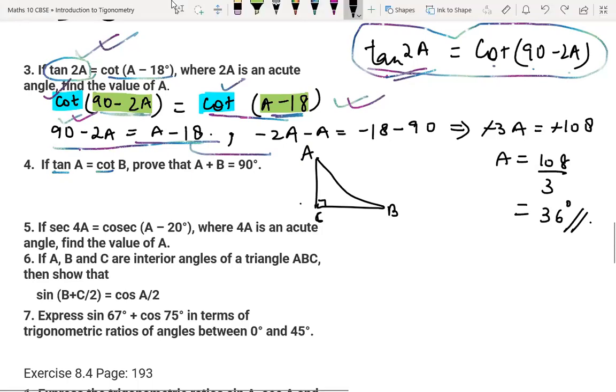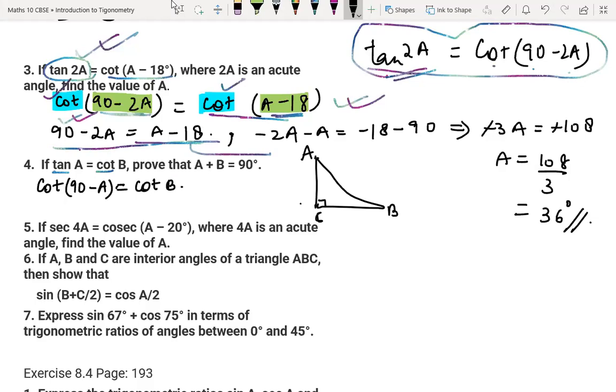So take A is here, B is here. If you want to write tan A, you can write cot 90 minus A. Can we write cot 90 minus A over here or not? Yes.